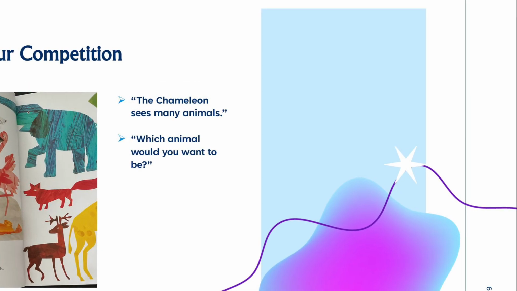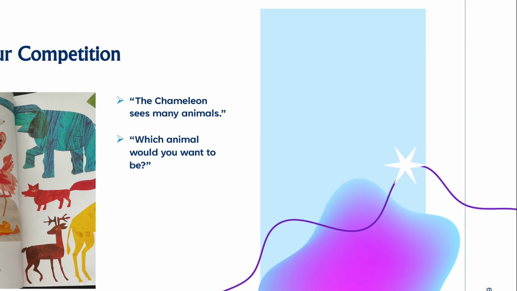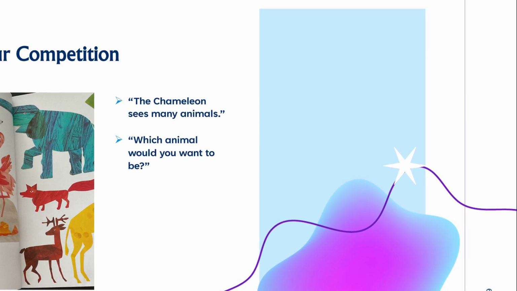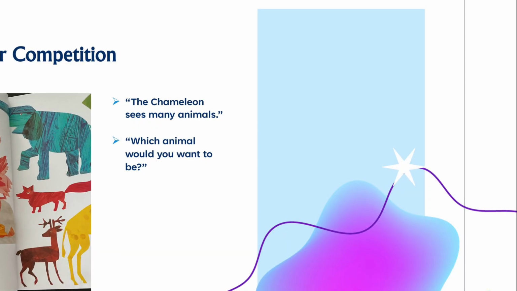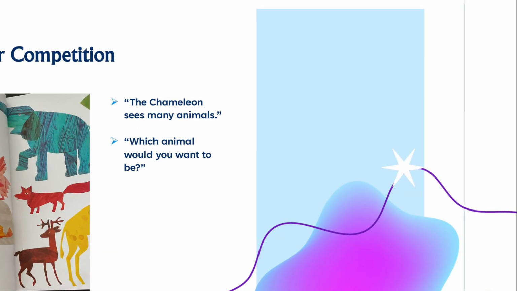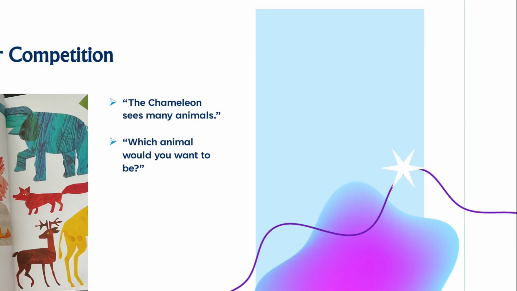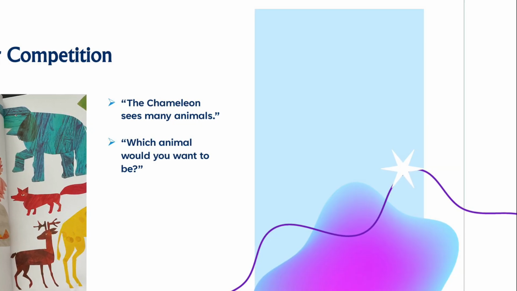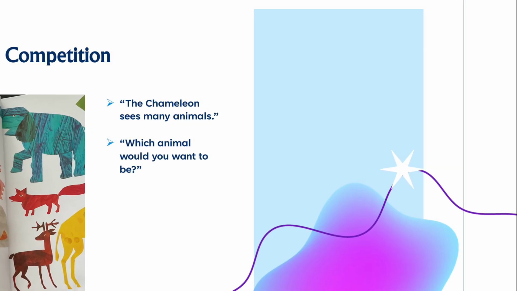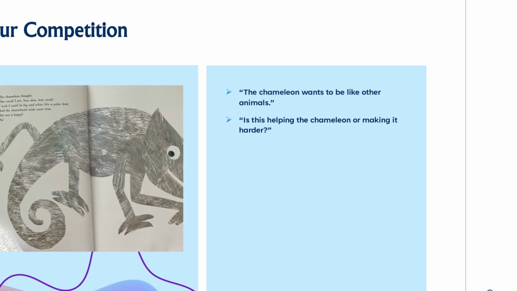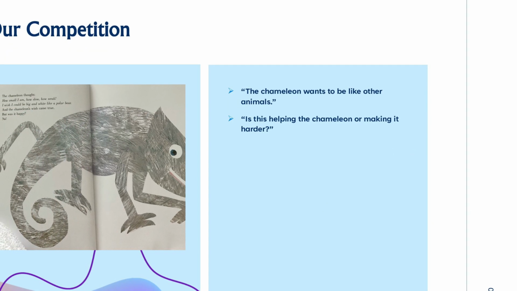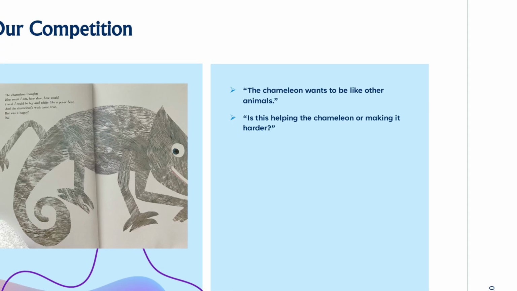The chameleon saw a zoo. It had never seen so many beautiful animals. At this point, I would take the time to engage the students by asking them what type of animal they would like to be. The chameleon thought, how small I am, how slow, how weak.